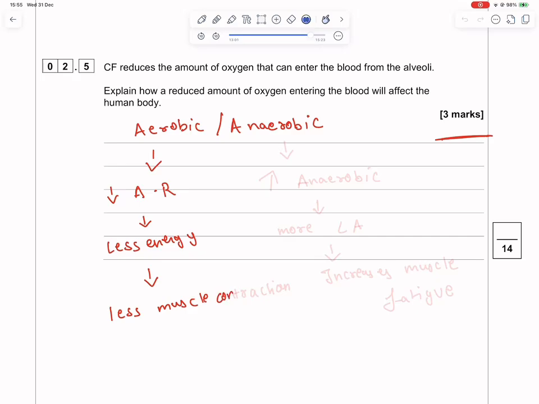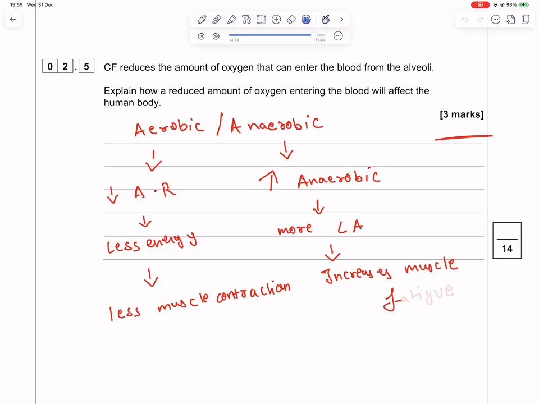And because of this, increased heart and breathing rate. Yes, everyone? That is for the aerobic respiration. Let's say we are explaining in terms of anaerobic respiration. Now, reduced amount of oxygen, it means increased anaerobic respiration. It means more lactic acid is produced, which increases muscle fatigue and pain.